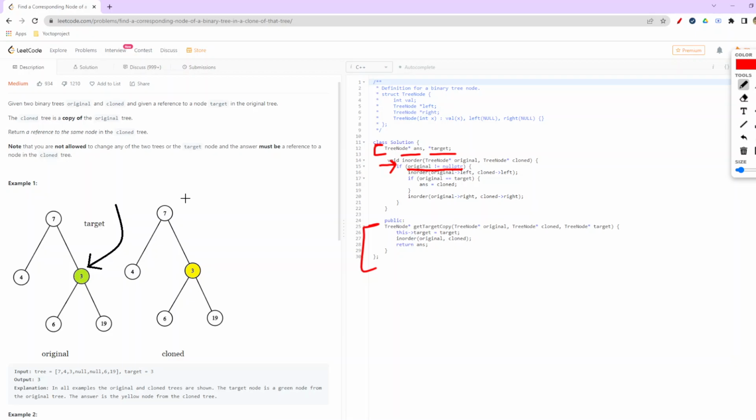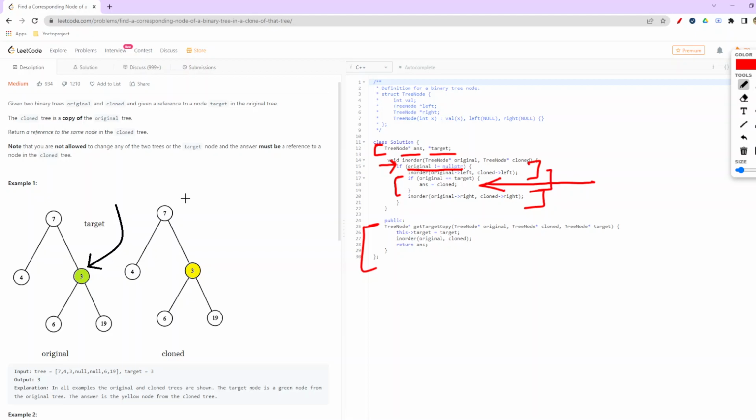So both of them are being passed, both the left subtrees and then the right subtrees, and whatever processing there would be, because it is in-order traversal. The processing would be: if original equals target, right? Because the target is basically the reference to the original node, the original tree only.